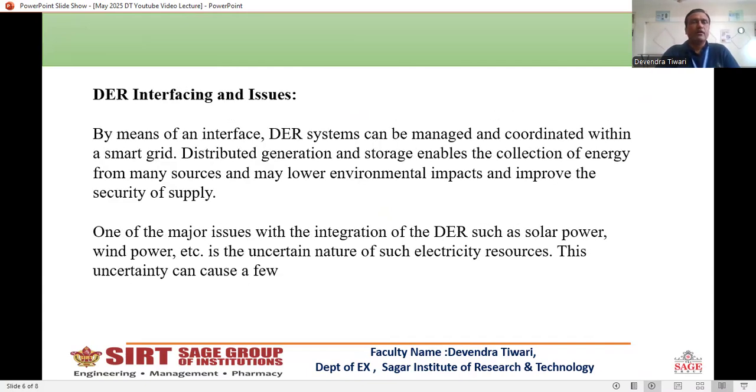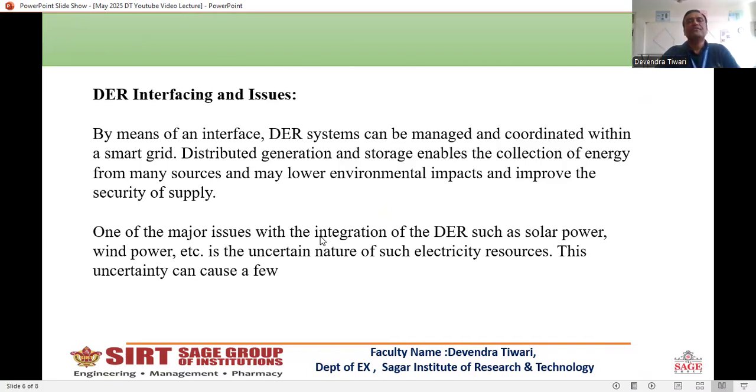DER interfacing and issues. There are some issues which are now being sorted, but we should understand what the issues in distributed energy resources are. By means of an interface, DER systems can be managed and coordinated within a smart grid.